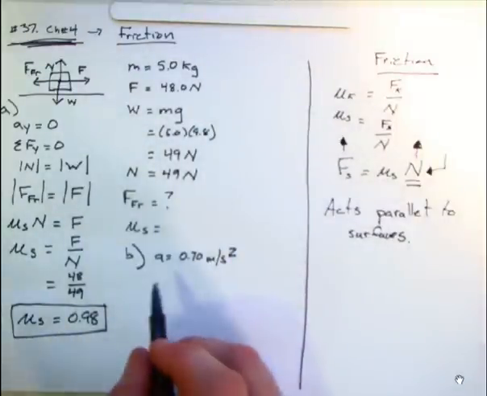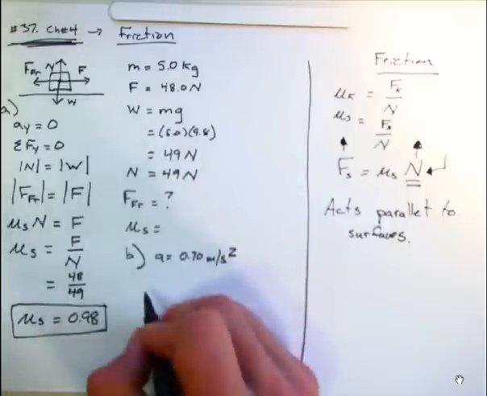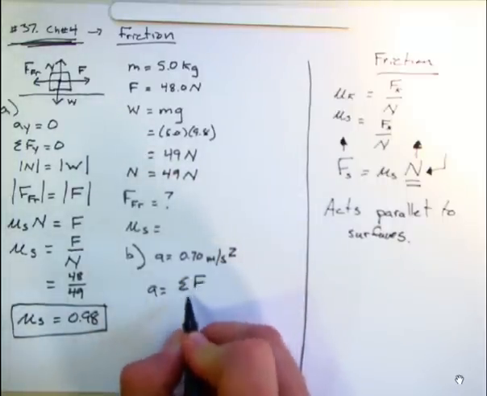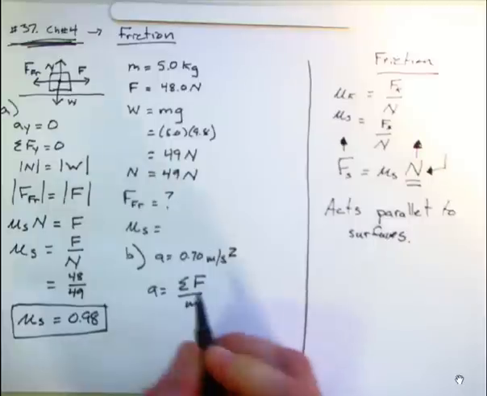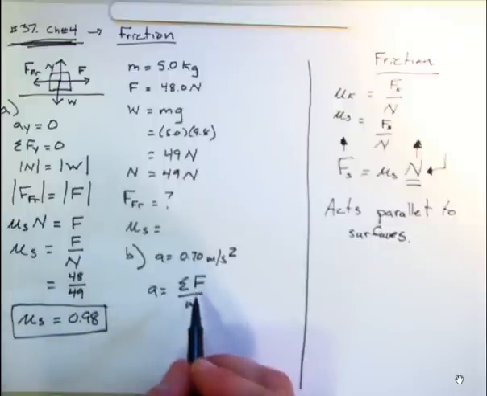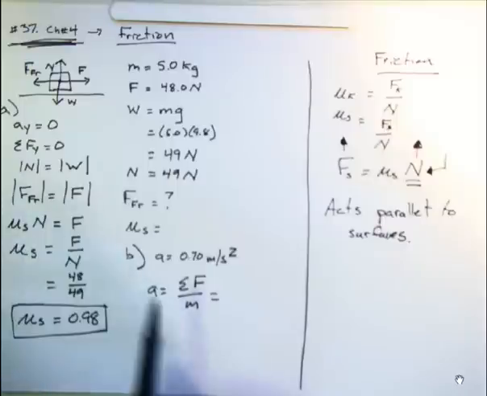Well, let's apply Newton's second law here. We know that the acceleration should be equal to the net force divided by the mass. Acceleration is net force divided by mass by Newton's second law. Well, what is the net force?